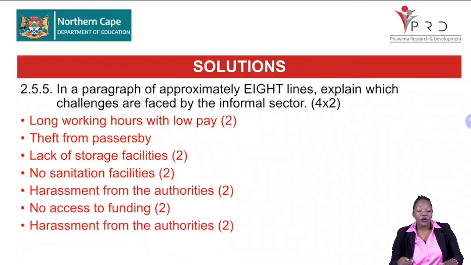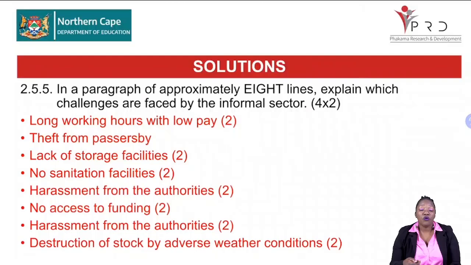Then lastly, we're looking at the harassment from the authorities. So we've also mentioned that because they do not have the licenses, any authority, we're talking about the policemen, can just come and take their stock. And if they take their stock, now they need to pay for their stock at the police station.